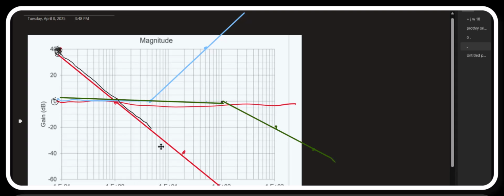It still is true that nothing happened until I got to 5. And once I'm at 5, I have slopes of negative 40 and positive 40, so those cancel out and give me a slope of 0. So I'm just horizontal until I get to my next corner frequency. And now I have a slope of negative 20 because a negative 40, a positive 40, and a negative 20 will get me a slope of negative 20. So it'll look like that.